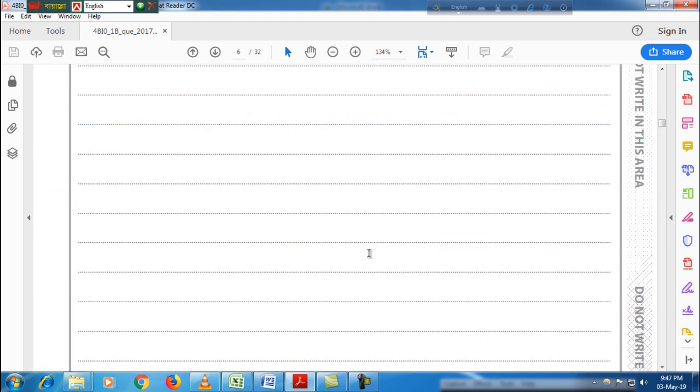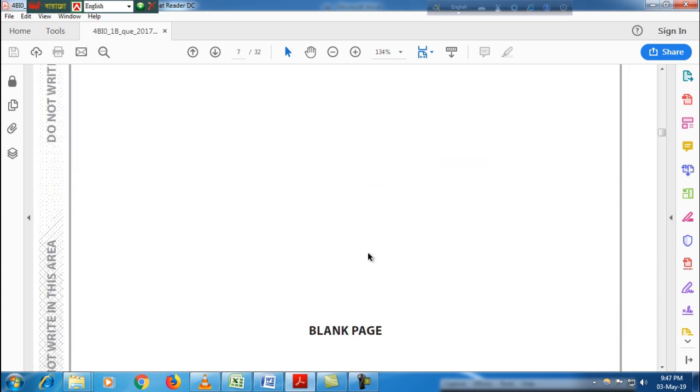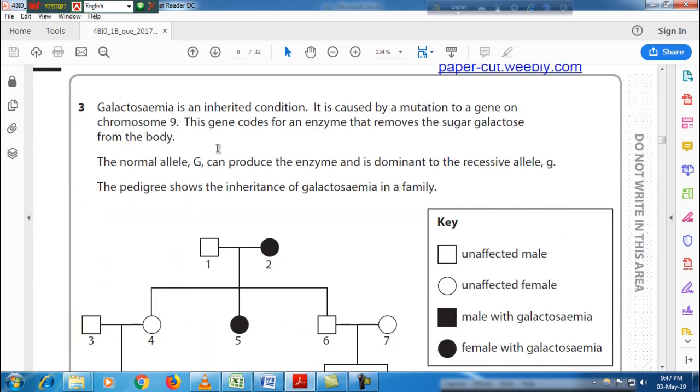Next question, number 3. Galactosemia is an inherited condition. It is caused by a mutation to a gene on chromosome 9. The gene codes for an enzyme that removes the sugar galactose from the body. That means this gene codes for an enzyme.